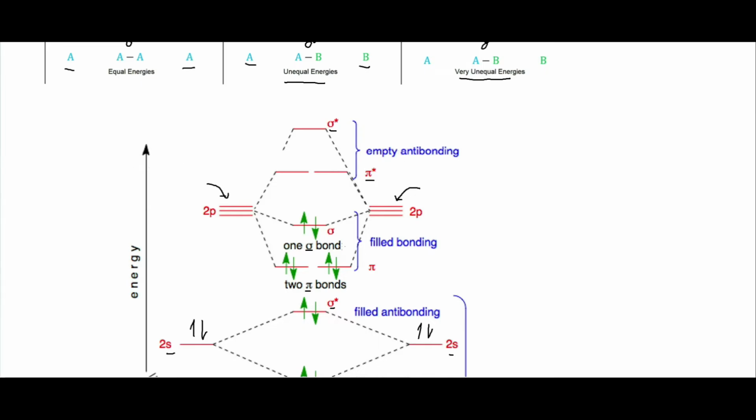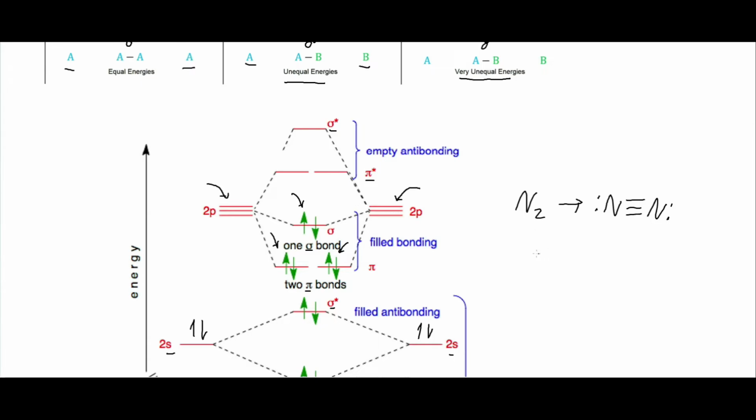And so this would actually be a triple bond right here, because we have this bond, and this bond. And so this is actually the molecular orbital energy diagram for nitrogen, N2, which, if we know from our Lewis dot structures, has a triple bond like that. And so this is where that triple bond comes from.